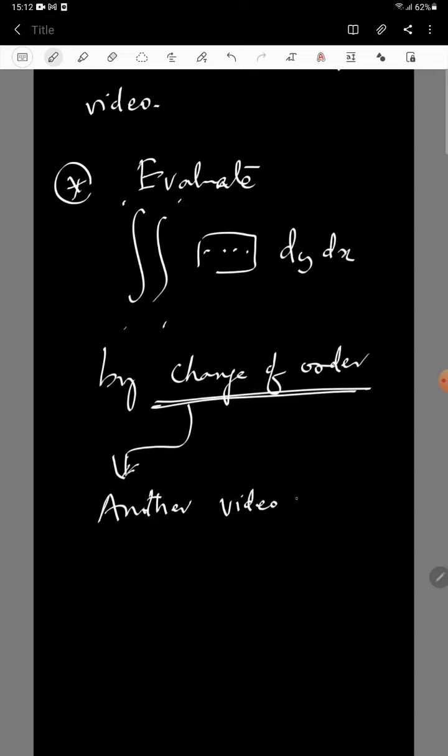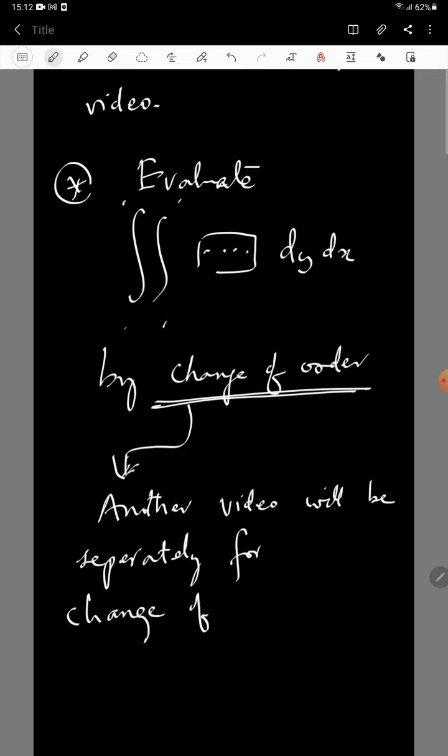Another video will be separately for change of order of integration.